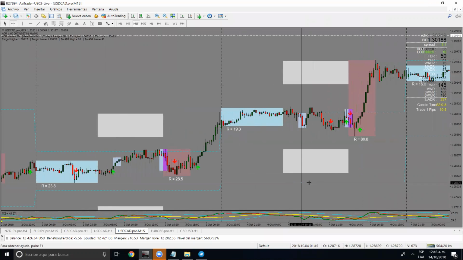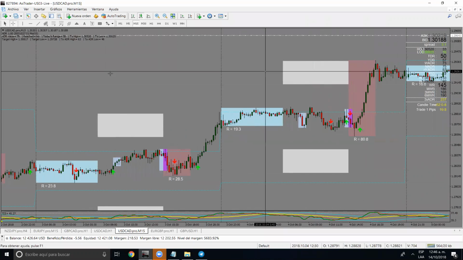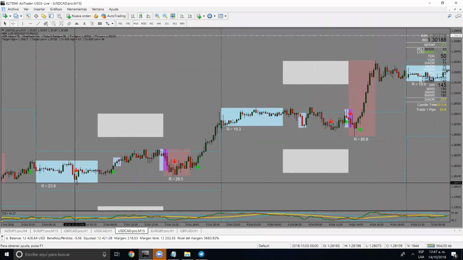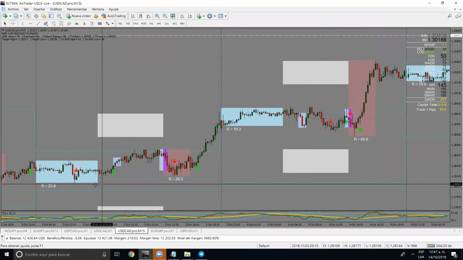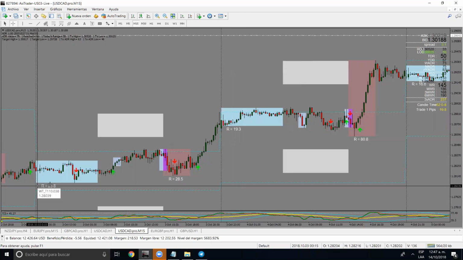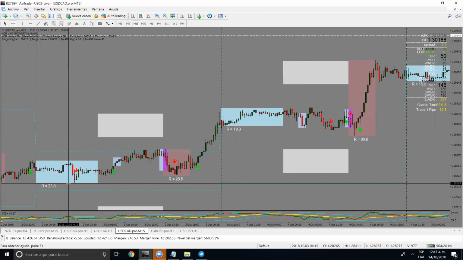This blue line is the LOD, low of the day, but not this day, from the last day. Look here, the lowest point was this. When the candle put that, we can watch this at the same point, the last day.